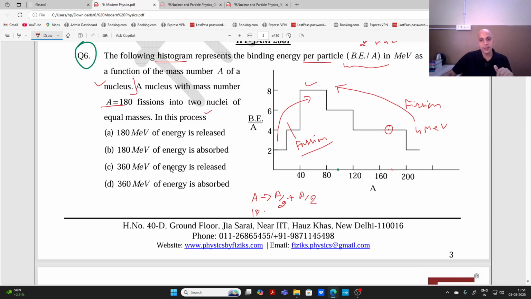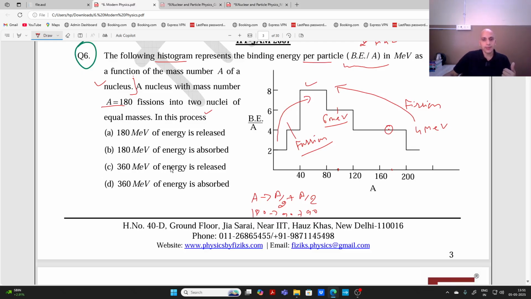So 180 gives you 90 plus 90, two nuclei. Now 90 will be here, and you can see here the binding energy is 6 mega electron volt. Now we have to calculate the binding energy of the parent nucleus and the binding energy of the daughter nuclei.